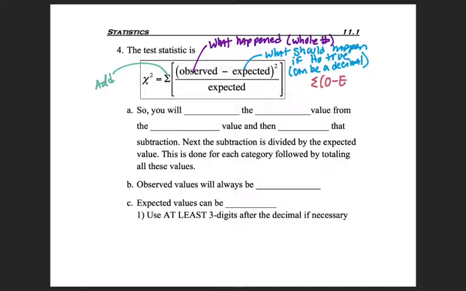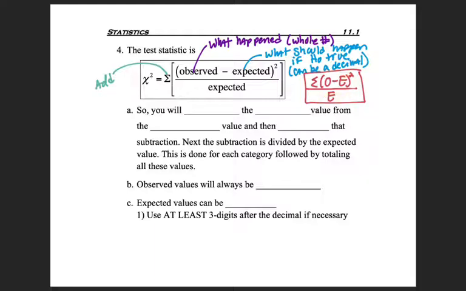Think about it like an average, which isn't always a whole number, even though it could be about whole number information. And so a shorter way to write this is that we're using O for observed and we're using E for expected. And instead of having each one divided by the expected, really you could add up everything first. And if you have the same denominator, you could wait until the end.